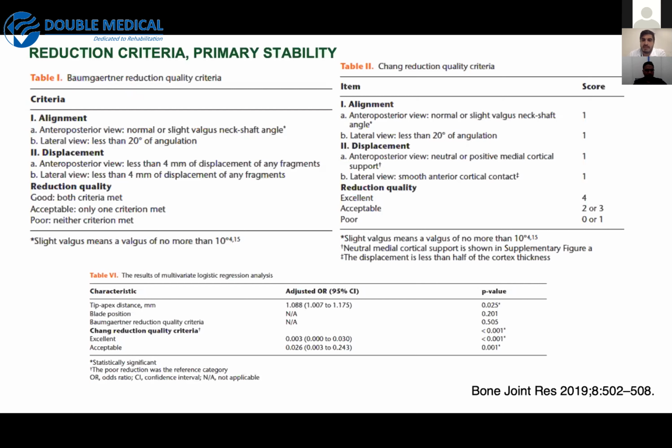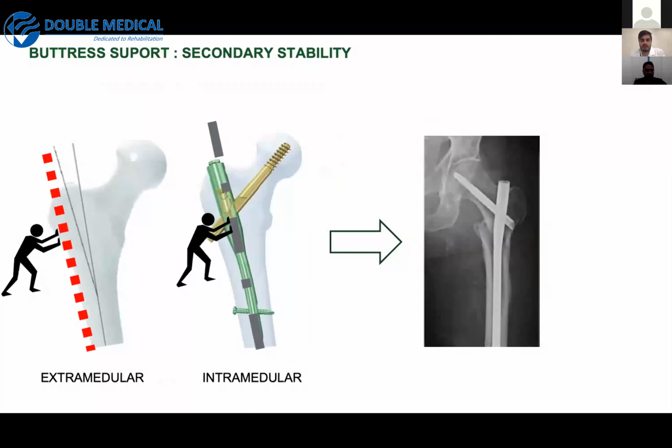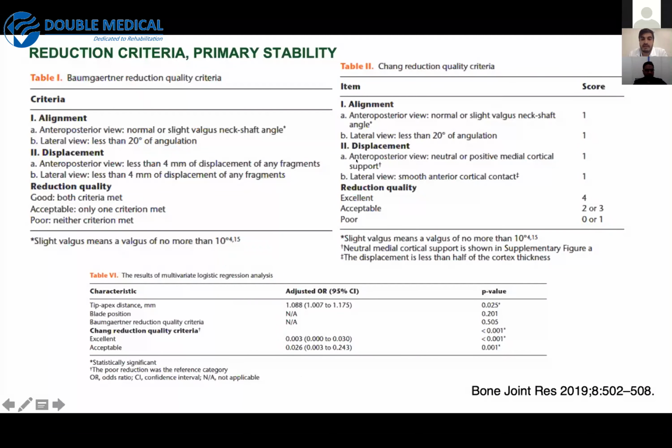But in this case, he said that you don't have to focus only on the numbers. So you have to put your reduction in relation to the anterior part of the head, neck and shaft of the femur.